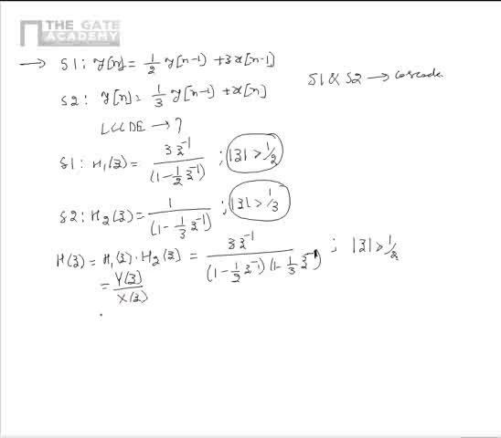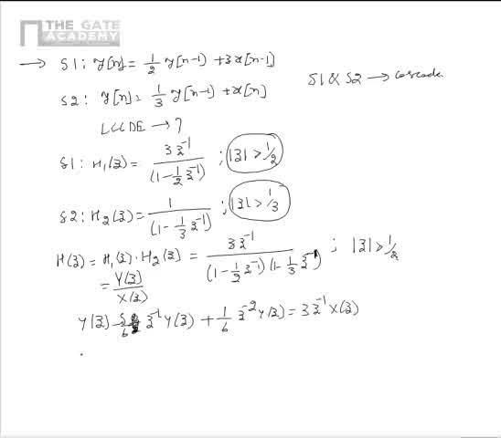From this, we can simplify the relation between Y(z) and X(z) as Y(z) - 5/6 z^-1 Y(z) + 1/6 z^-2 Y(z) = 3z^-1 X(z).